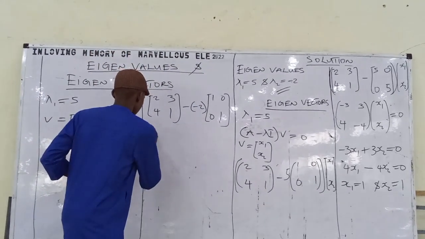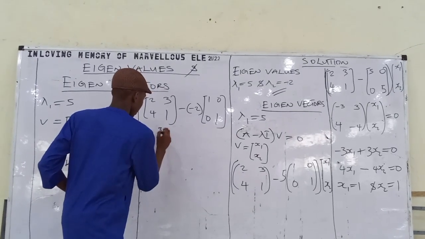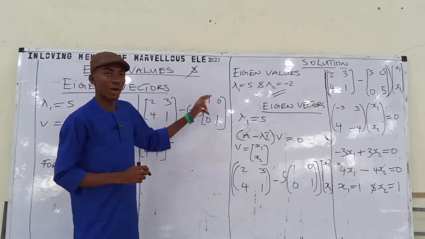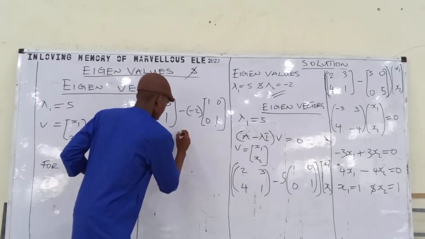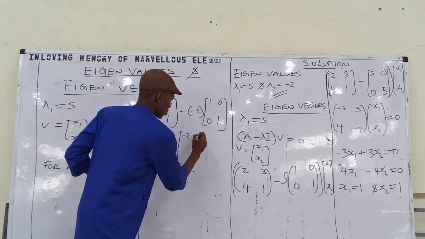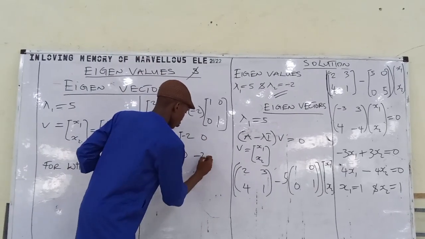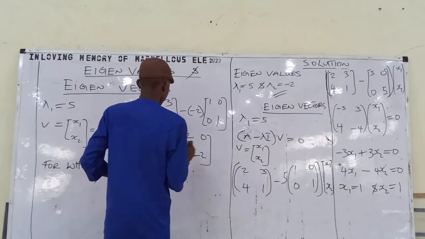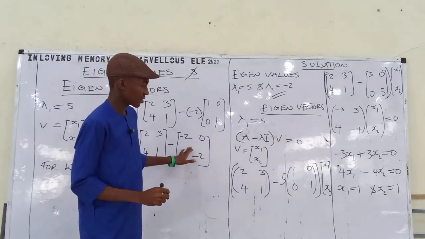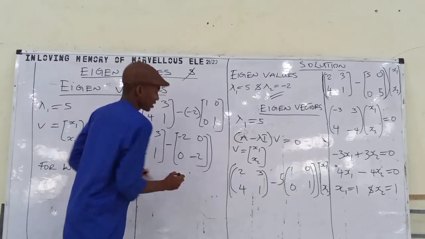Now, we have [2, 3; 4, 1] minus [-2 times 1, -2 times 0; -2 times 0, -2 times 1]. Don't forget, this is A minus lambda I. Let's put it in a bracket times v.